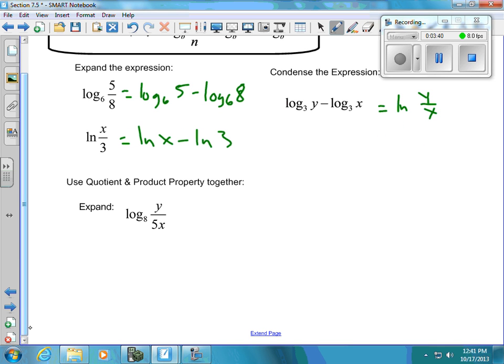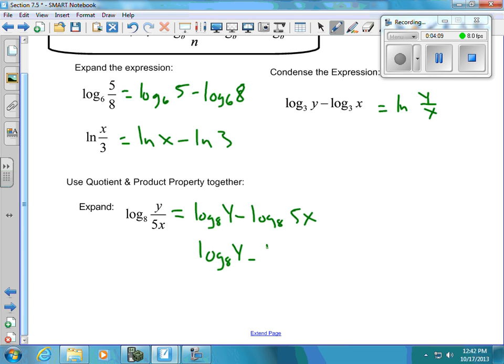Now I can use both the product and quotient properties together at the same time. It says expand this. So if I see I have a ratio here, log base 8 of y minus log base 8 of 5x. Well, now if I'm expanding, I gotta expand it all the way. This 5 and x, I can use the product rule. So log base 8 of y minus log base 8 of 5x, well, let's rewrite that.